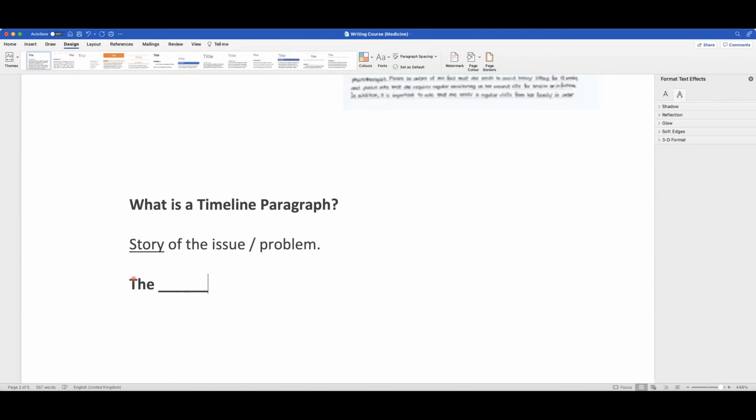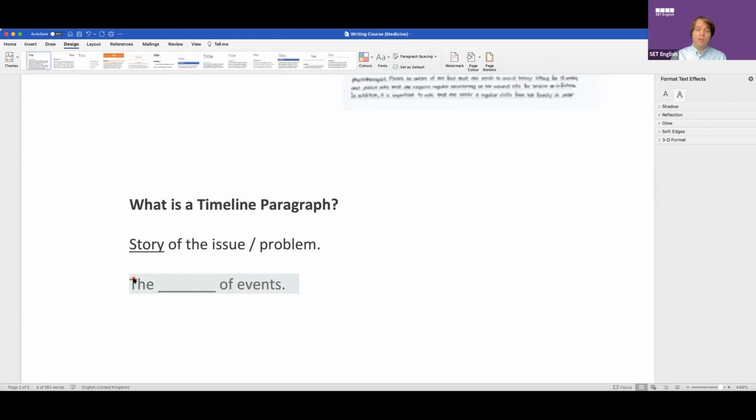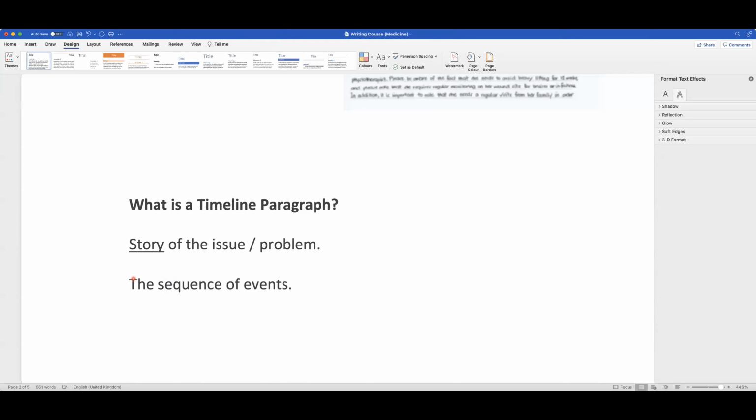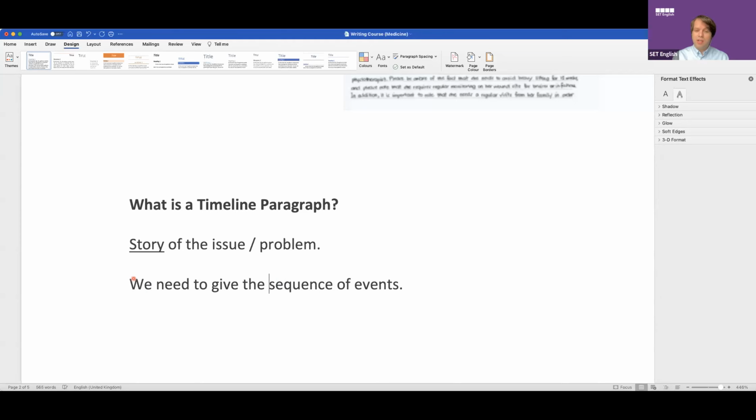Organized, step by step. Step by step, organized is good. Sequence. I like this word sequence. You're all correct, but I like this word sequence. We need to give the sequence of events correctly and clearly.